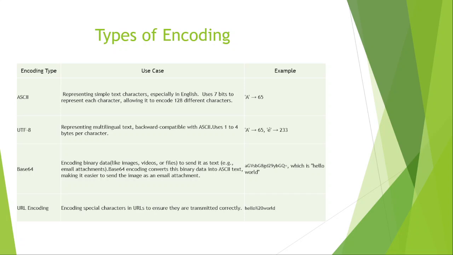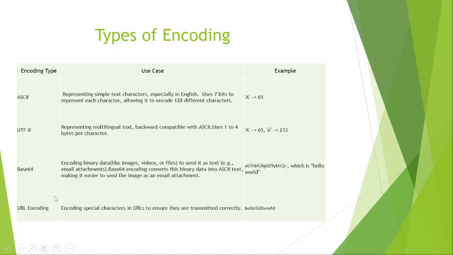And what base 64 encoding does is convert the binary data first into ASCII format, so that it is easy to understand and easy to send as an email attachment. It is easy to send the image as an email attachment. Here is a simple example I have taken. If you want to do base 64 encoding for hello world, it will look like this.